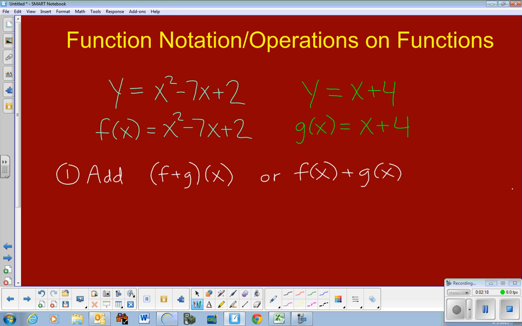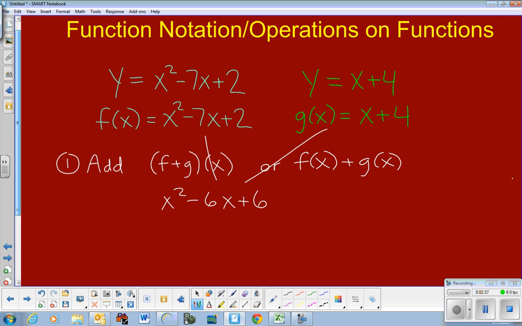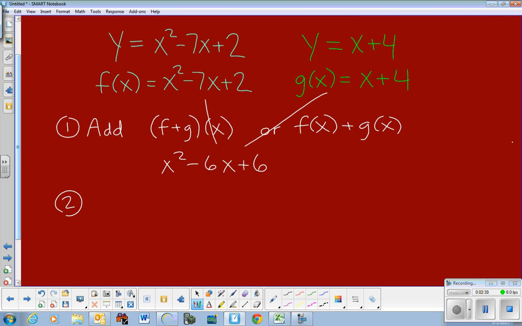So in this case, we would get x squared minus 7x plus x, that'd be minus 6x plus 6. Just added the two together, combined like terms, to get (f + g)(x). I'll leave those there. All right, so subtracting, same deal. (f - g)(x), or f(x) - g(x).